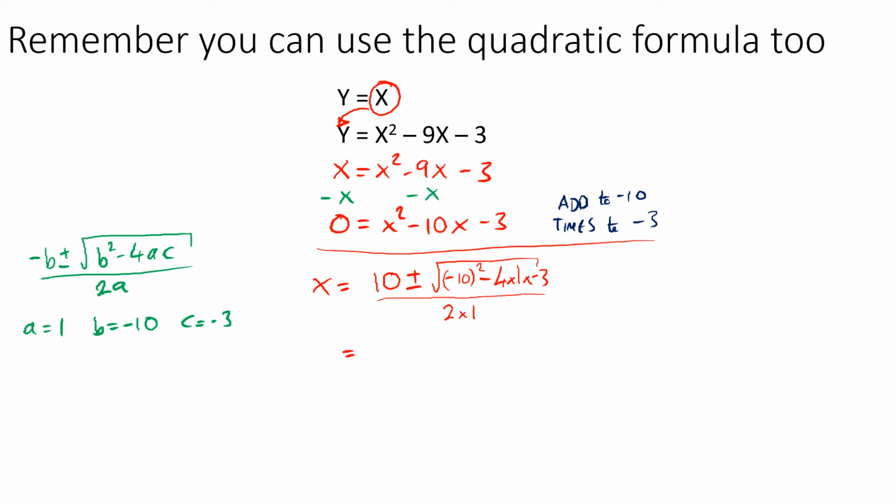And let's do some tidying up here. So it'd probably be worth figuring out this. Minus 10 squared is 100. Minus 4 times 1 times minus 3 is plus 12. So that's 112 inside that square root. So we'll have x is 10 plus or minus the square root of 112 over 2. And then we have to go to our trusty calculator.